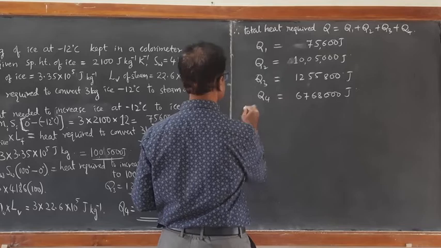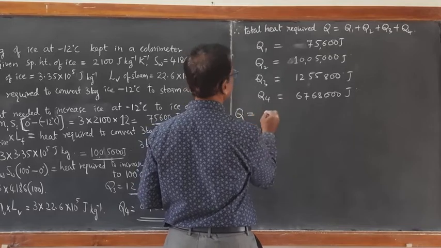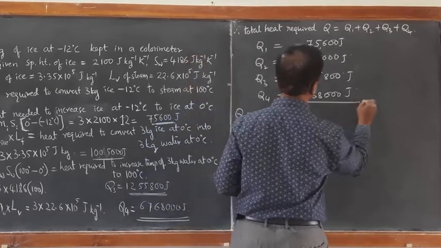So if you add this, Q is therefore equal to Q1 plus Q2 plus Q3 plus Q4.